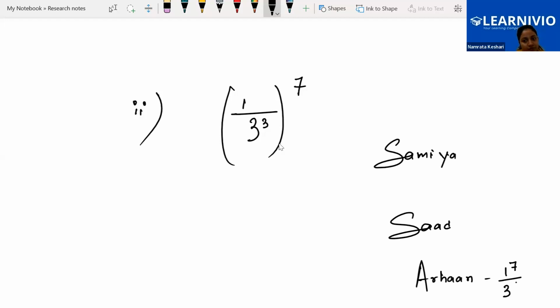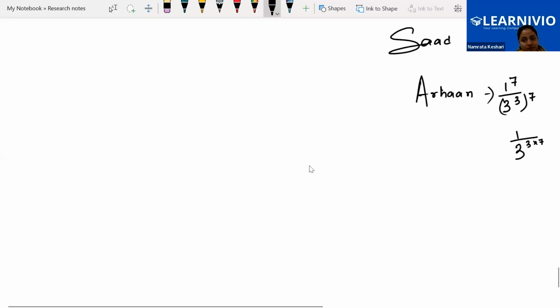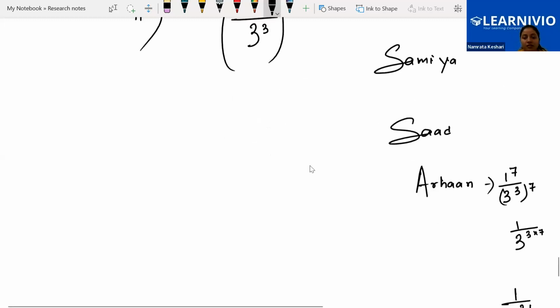Ma'am, it would be 1 raised to the power 7 upon 3 raised to the power 3 multiplied by 7. So it would be 1 upon 3 into 7. So it would be 3 raised to the power 21. Like this? Yes, ma'am.